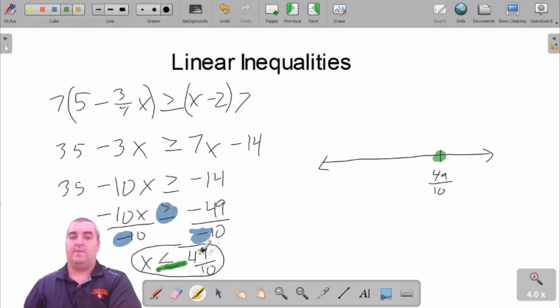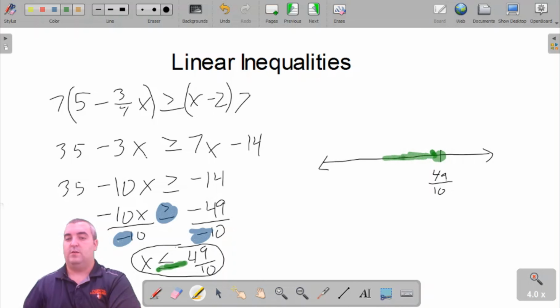Okay? And then the reason why I said earlier that I like to have my variable on the left side is because when we read this, it becomes really straightforward in terms of the graph, where I say x is less than or equal to 49 tenths. Well, the less than part would be to the left. The equal to part we already took care of, right?